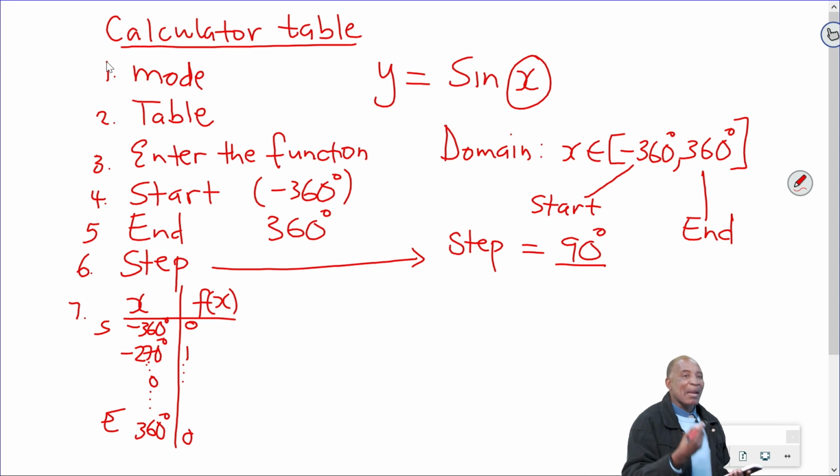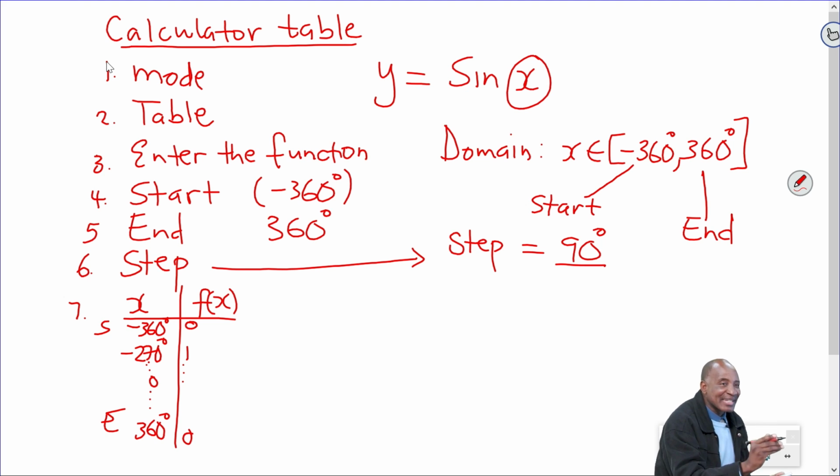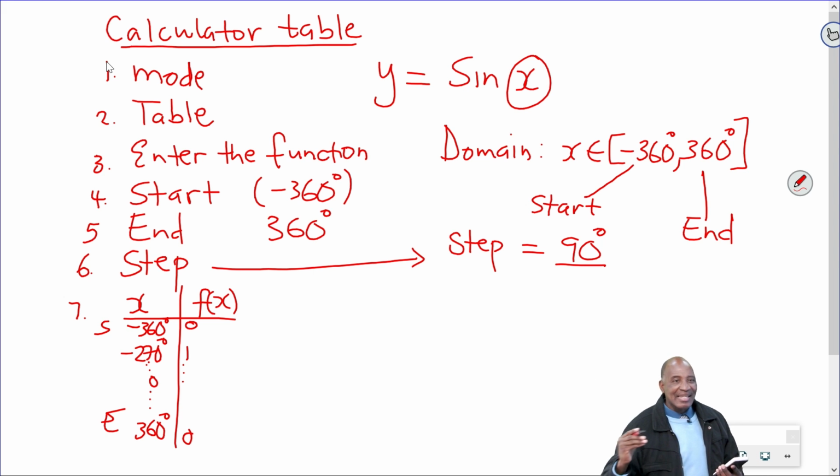When they say step, they are basically asking on the calculator, how do you want to move from negative 360 to positive 360? In how many steps are we going to space out our angles? So we are spacing out our angles in this case using 90 degrees. Then you enter a step of 90 degrees.